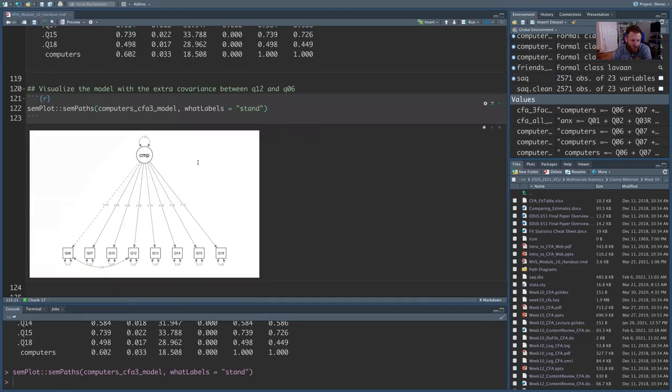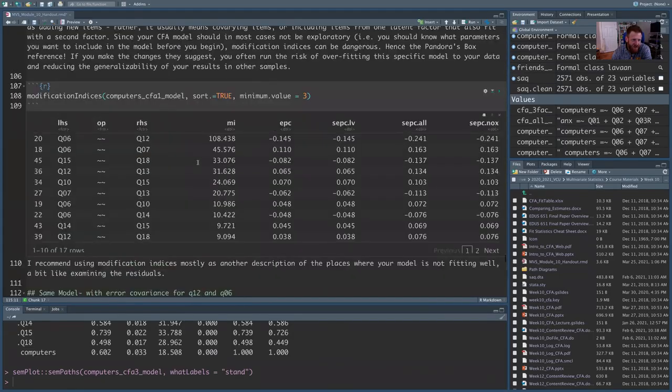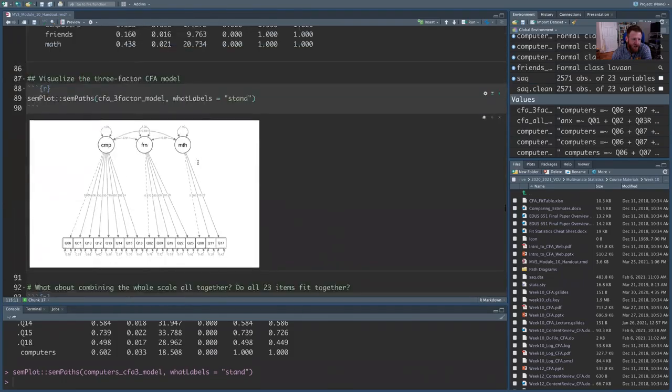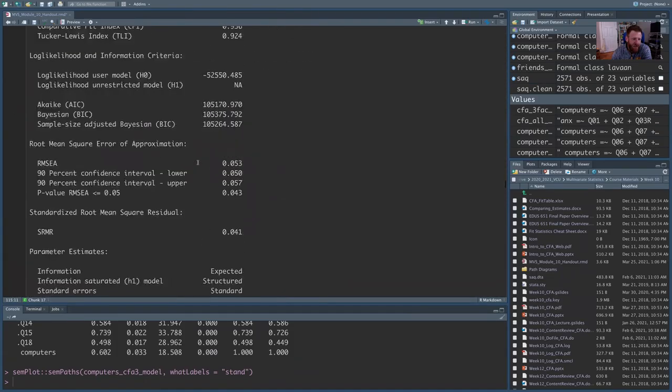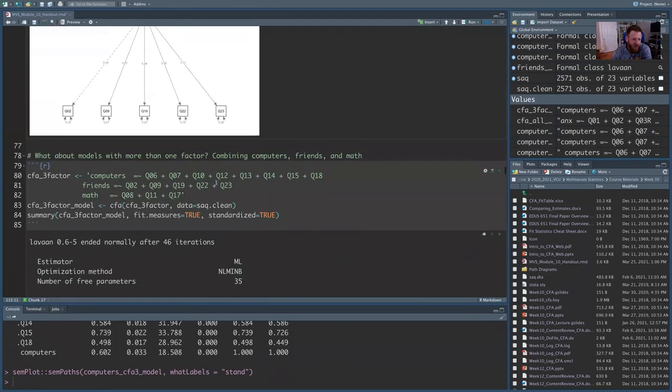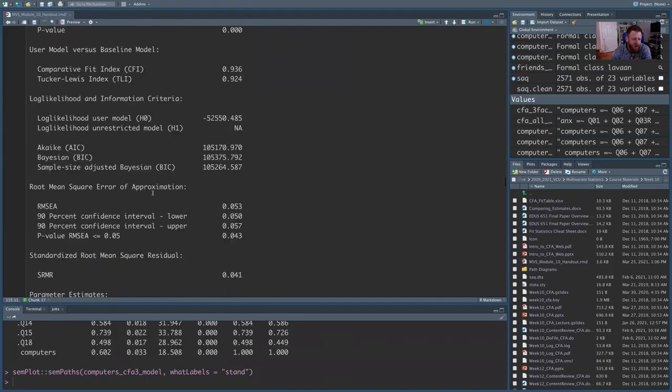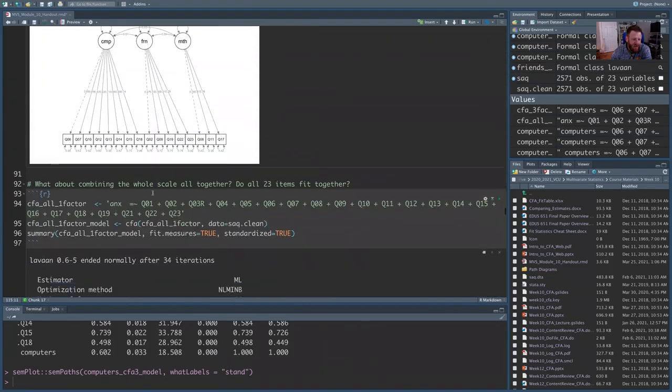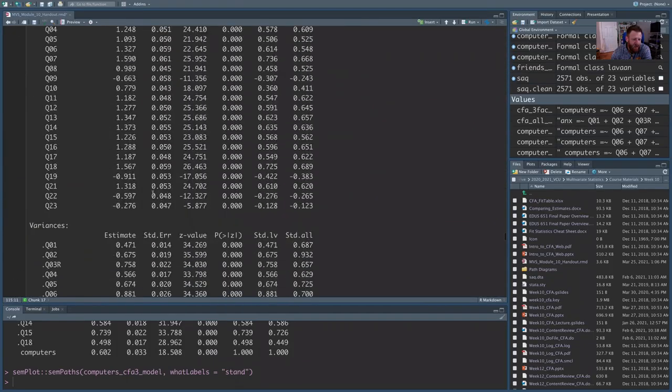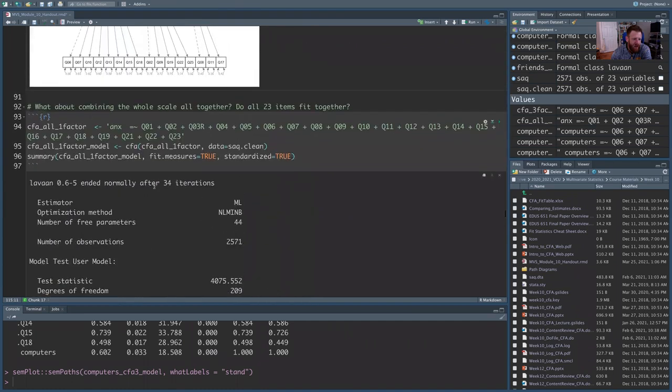So just to recap, we've covered quite a bit here. In the second half, we talked about how to put together a correlated factors model. So we estimated the friend scale, and then we did computers, friends, and math all together. And then we talked about modification indices. We said what happens if we just dump all these items in under one latent variable, and that didn't work very well.